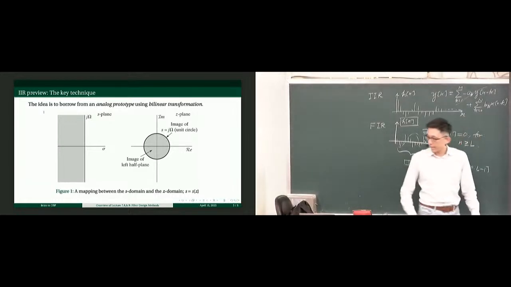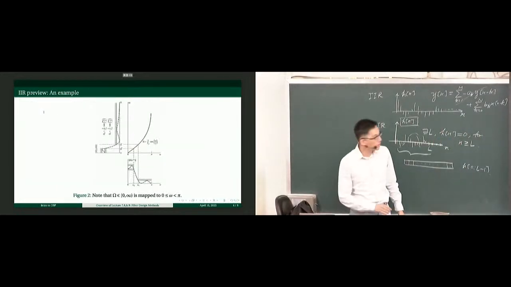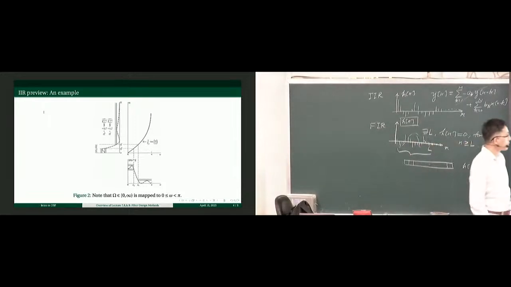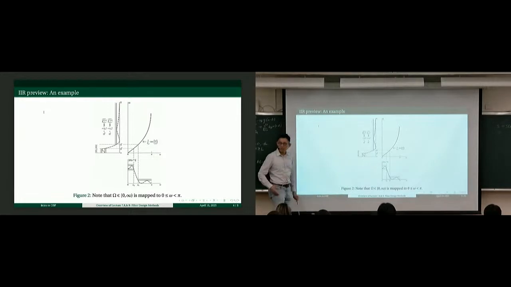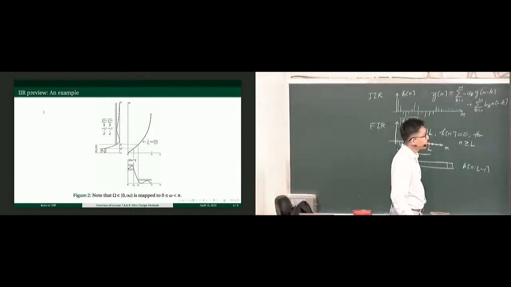And that's what the next slide is showing. The bilinear transformation leads to this relation between big omega and small omega, this is a little small, I apologize for that. It's going to be a relation of tangent.